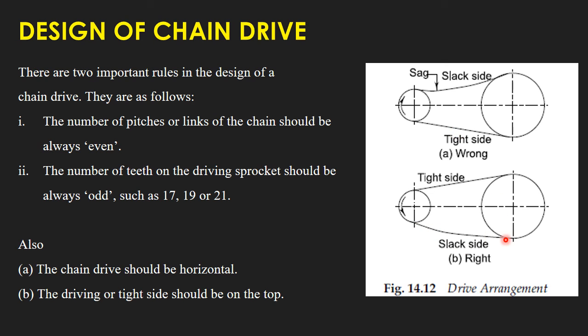So considering those possibilities, it is preferred that the slack side is at the bottom and the tight side is at the top, so that even if slack is there, it will not engage with the teeth on the sprocket, causing lower power transmission. And when transmitting power over large distances, the slack side won't come in contact with the tight side.